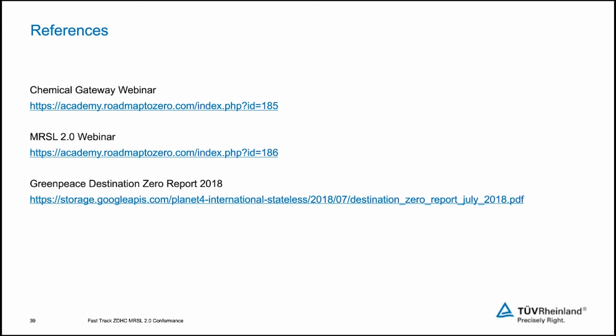Sure, there's a connection because the chemicals are the same somehow, but it's not possible to say that because I have full compliance to RSL, I have full compliance to MRSL. Because during the process, certain chemicals will be washed out, and they're not connected to the fiber anymore.